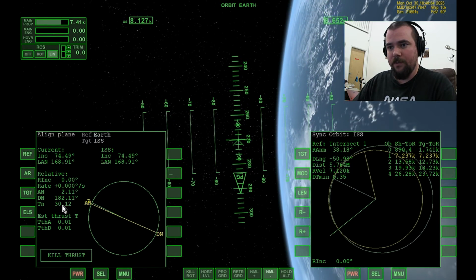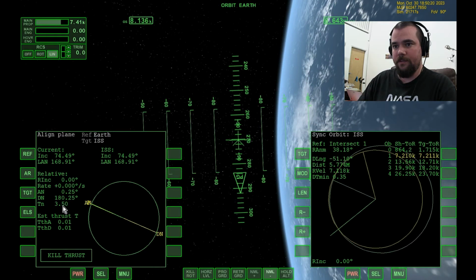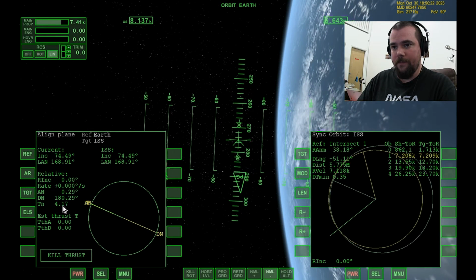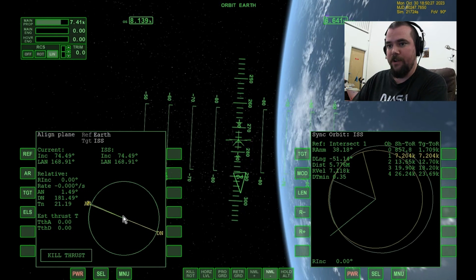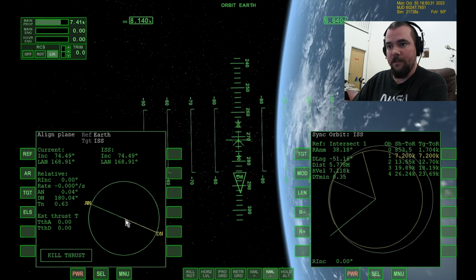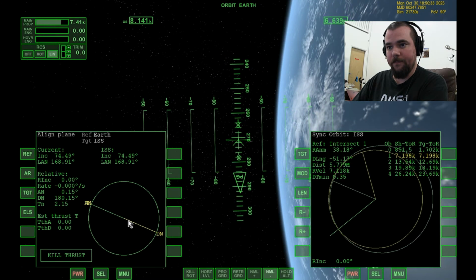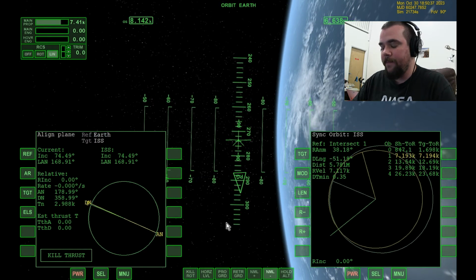Here, watching this number. 3. All right, and there we go. So this is what I was talking about earlier. As I'm trying to balance the thing, it doesn't even show the middle point because I just go right past it. So that's great. That's an almost perfect plane alignment. I can't really get it better than that.